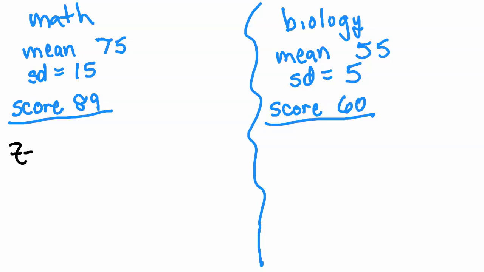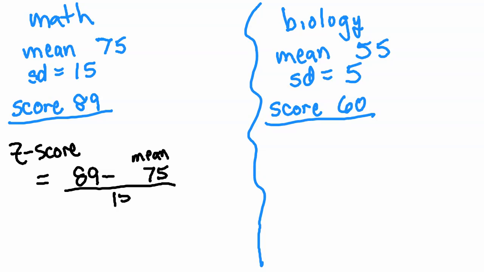The z-score would be your score minus the mean, divided by the standard deviation. And it's not a hard formula. We can use our calculator to do that if you want. That would be 14 divided by 15.